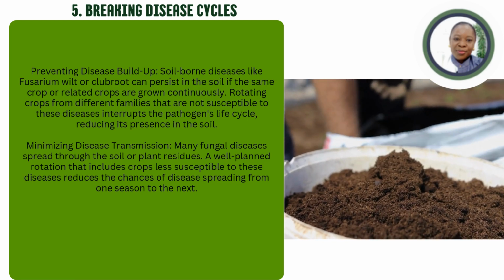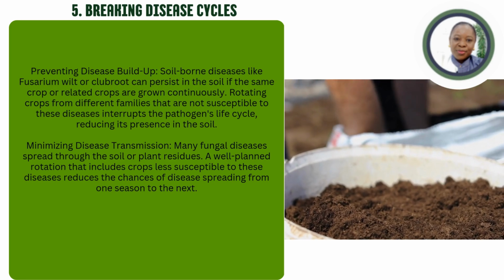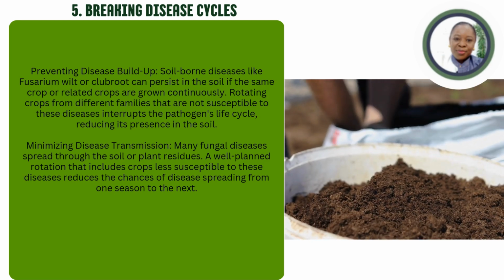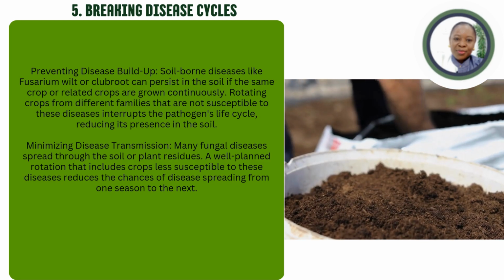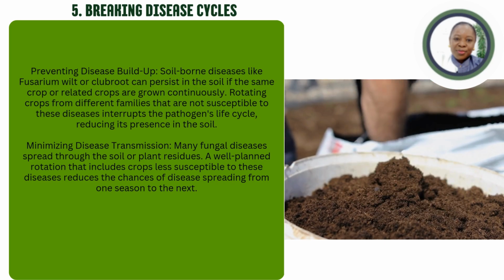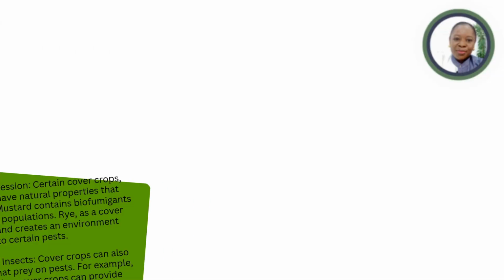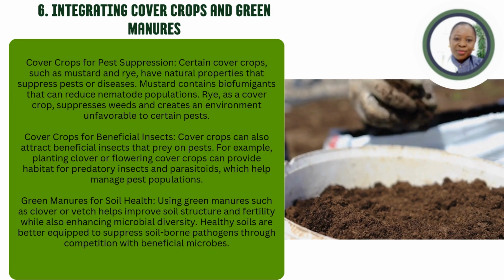Minimizing disease transmission. Many fungal diseases spread through the soil or plant residues. A well-planned rotation that includes crops less susceptible to these diseases reduces the chances of diseases spreading from one season to the next.